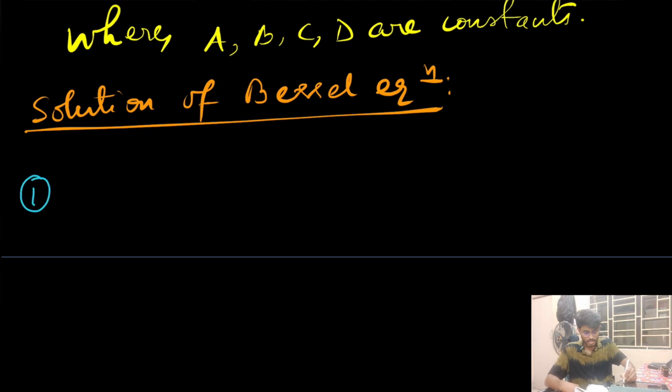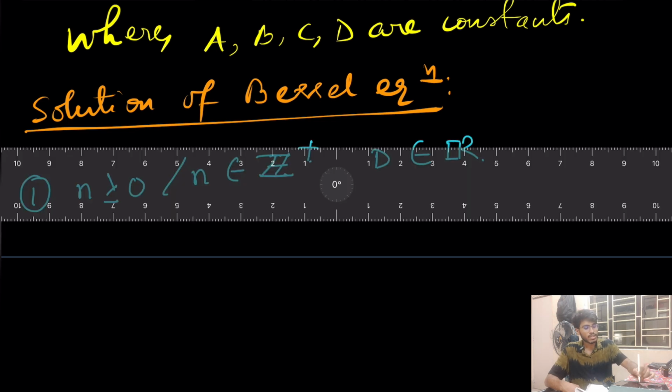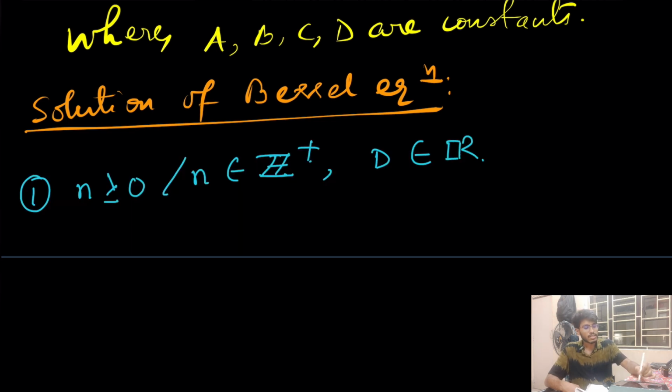It has 4 cases. If now my n is positive, not positive, it is non-negative, or I am writing the same thing in another notation, this is nothing but the positive integer notation.